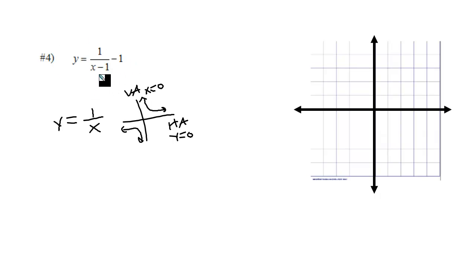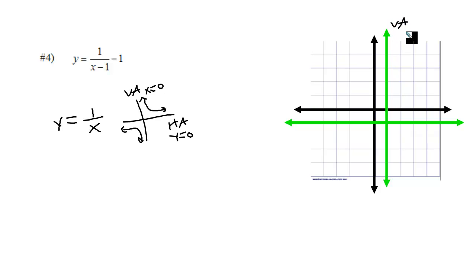This right here is translated to the right one and down one. Going to the right one puts a vertical asymptote at x equals 1. Going down one gives us a horizontal asymptote y equals negative 1. Nothing else changed about the graph.